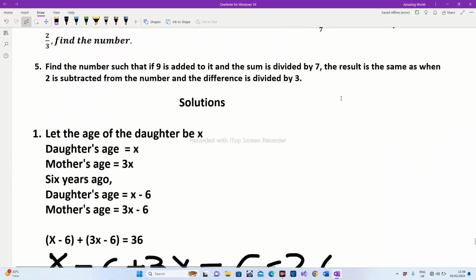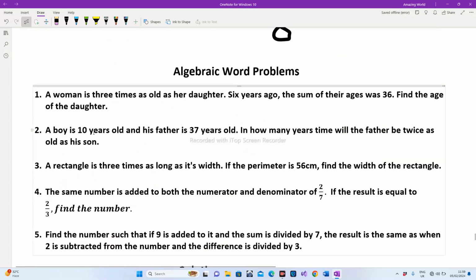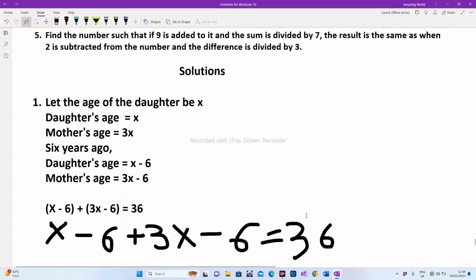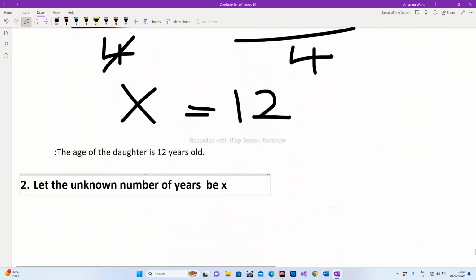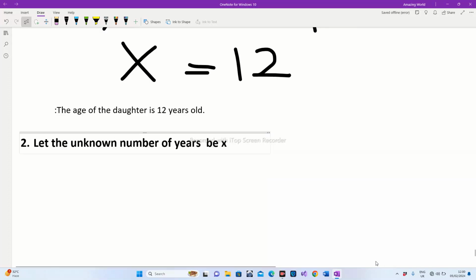So let's go through the question again shortly. A boy is 10 years old and his father is 37 years old. In how many years' time will the father be twice as old as his son? Okay, so now that we have confirmed the unknown number of years to be x, we want to find the number of years from now in which the age of the father will be twice the age of the son.